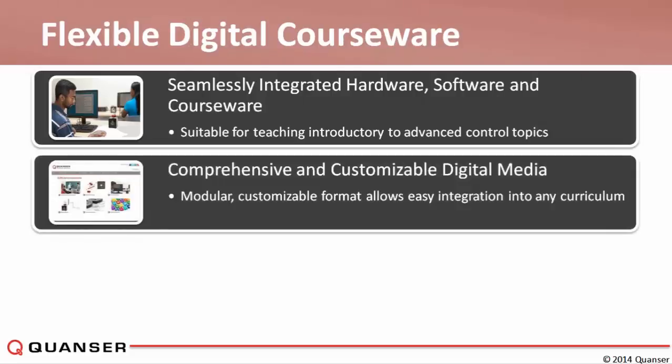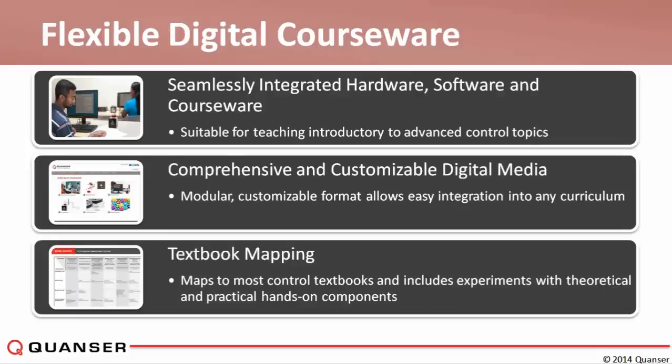We provide comprehensive and customizable digital media, which means you can take pieces of information we've put together that complement and enhance the courseware you might be using. Coupled with this, we provide a textbook mapping so that you can see many of the textbooks used today in most common undergrad control theory courses, what material maps to what textbook, and how you can use that for labs and examples.